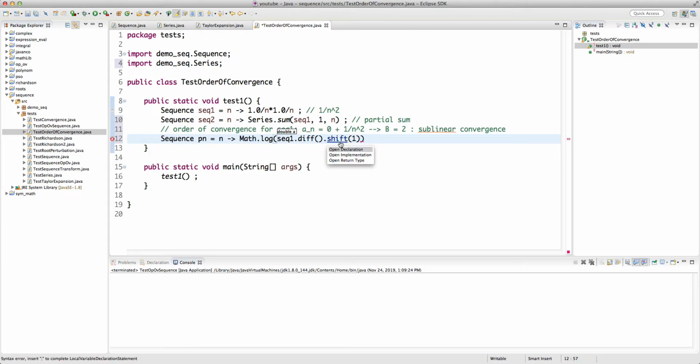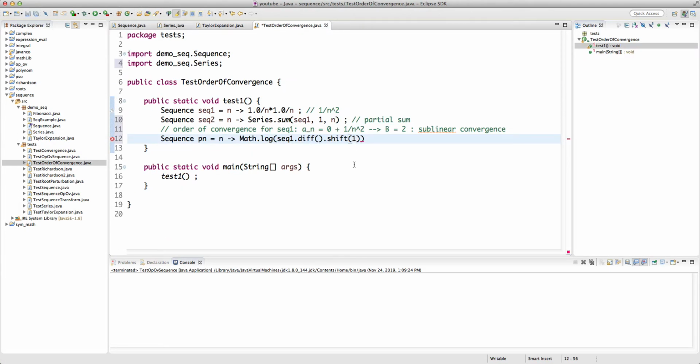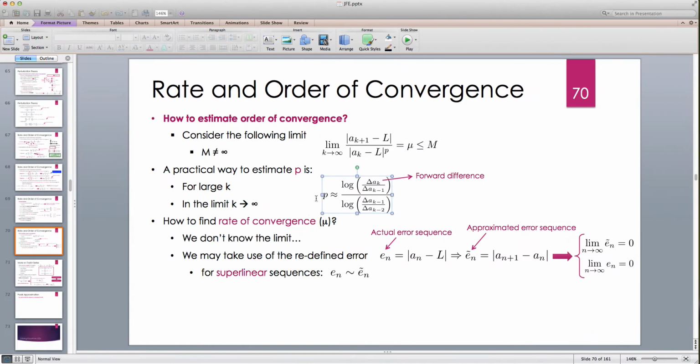If you look at the shift, it shifts forward, so we want to have a shift by minus 1. So this is delta an, and we can basically evaluate it at n plus 1. Let's go back to the PowerPoint.